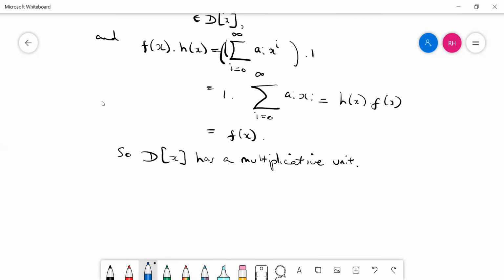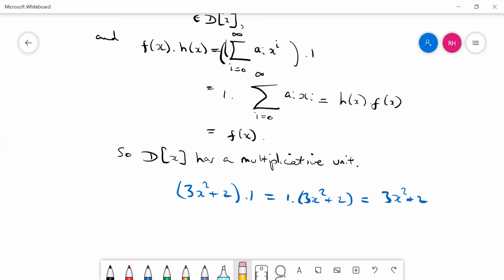All this is saying is that if D was the integers, and you have 3x^2 plus 2, that's a polynomial, you multiply it by 1, that's equal to 1 times 3x^2 plus 2, which is equal to 3x^2 plus 2. That's all it's saying, and it works for any polynomial. So there's nothing particularly clever here. It's just the way it's worded.